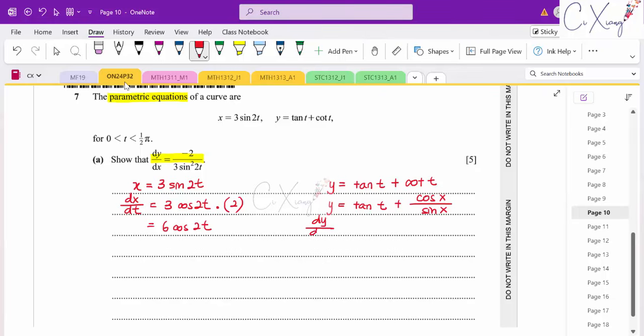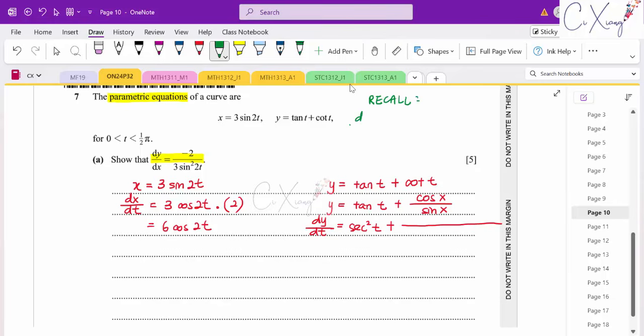I want to differentiate the equation here. So I will get dy/dt. Differentiate tangent, you have secant square. Then plus, now let us differentiate this one by using the quotient rule. So just to recall a little bit about the quotient rule, what is the general formula?